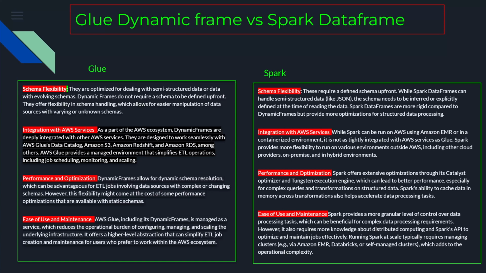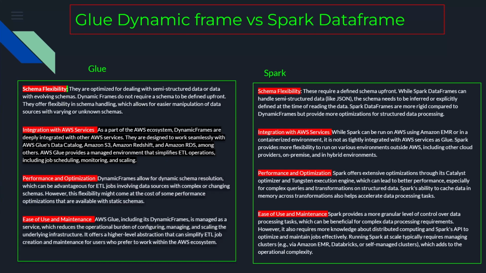And coming to Spark, it provides a more granular level of control over data processing. We can have all the manual control on the complex data processing side. However, it requires more knowledge about distributed computing and the Spark APIs to optimize and maintain jobs efficiently.